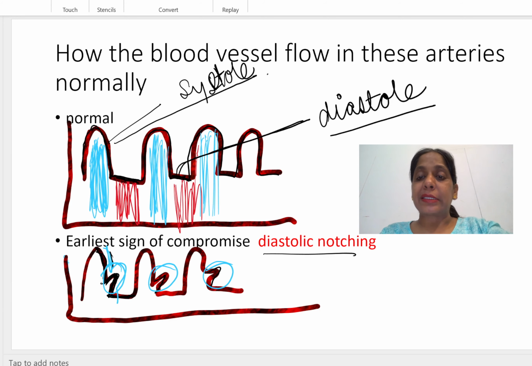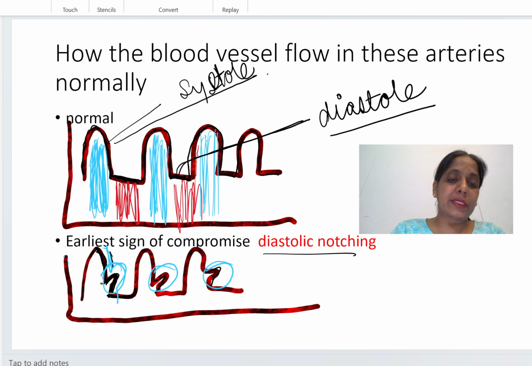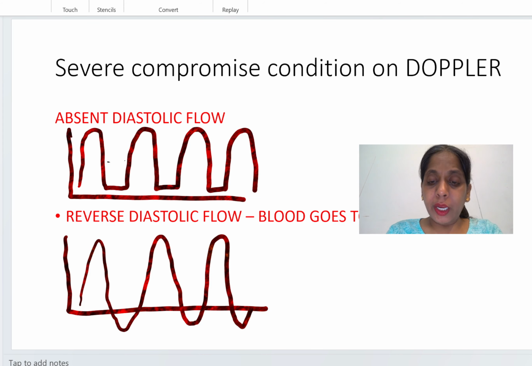Now let's go one stage ahead. This is the second stage. Here we are seeing the blood flow has fallen.